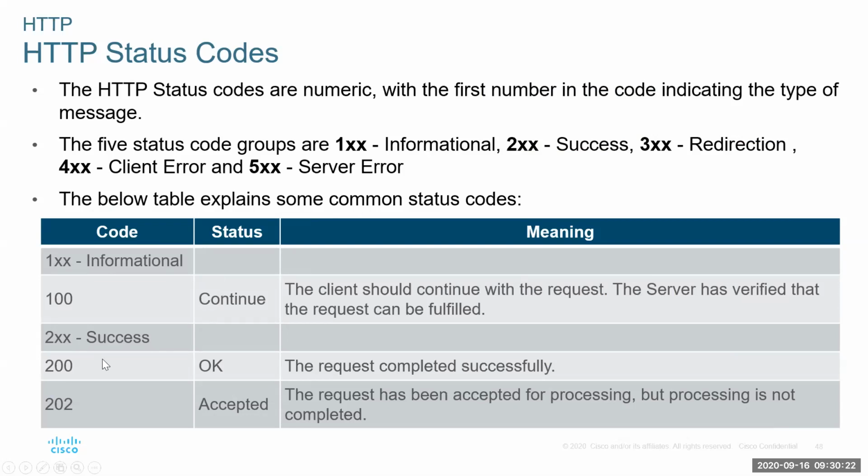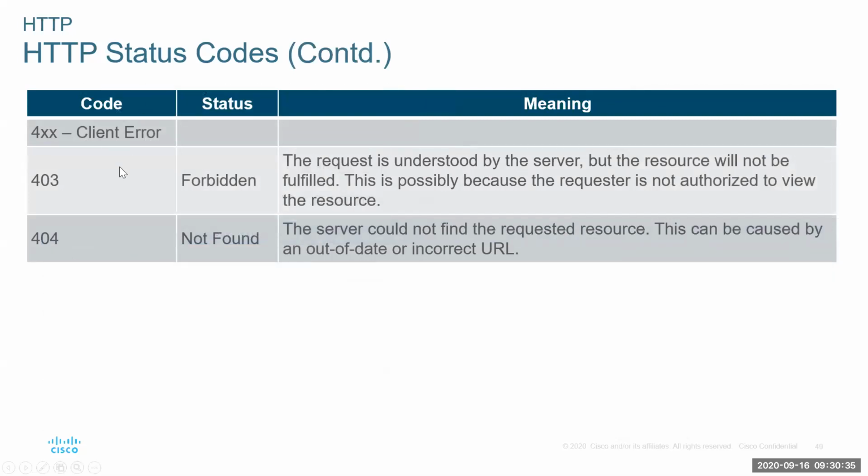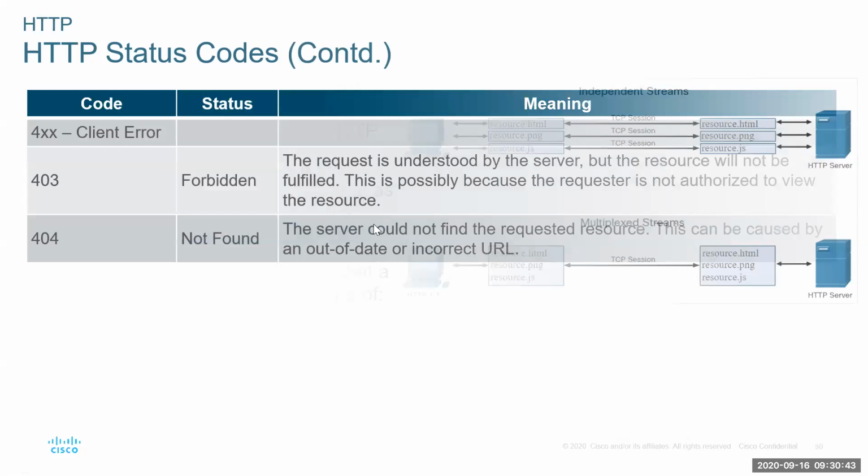If you get a straight 200, this just means everything worked correctly. And then a 300 is going to redirect you to another website, so you may be redirected to another URL. As you see here, 403 is forbidden, meaning that you don't have permissions to view that resource. And 404 means that it's just not found in general.